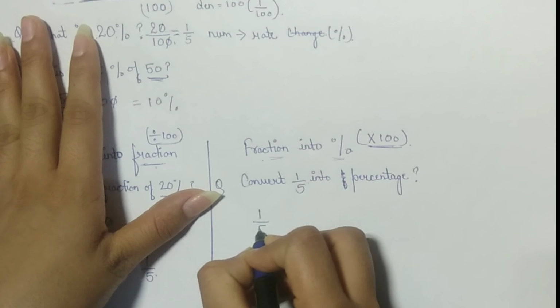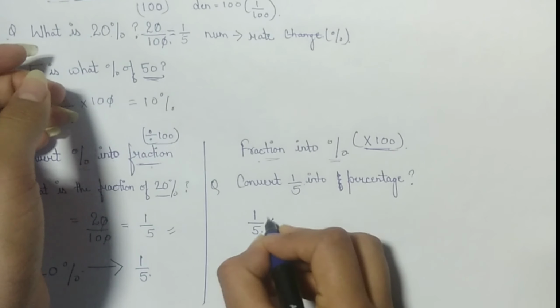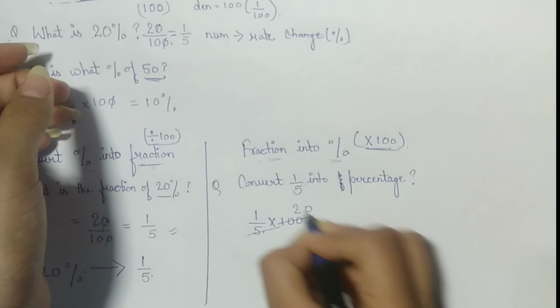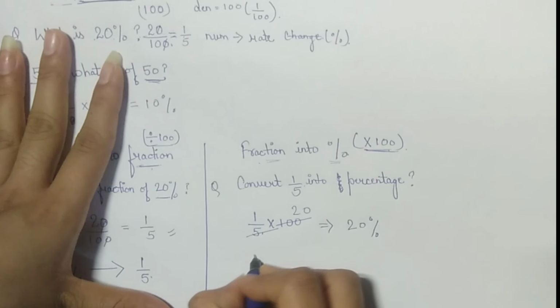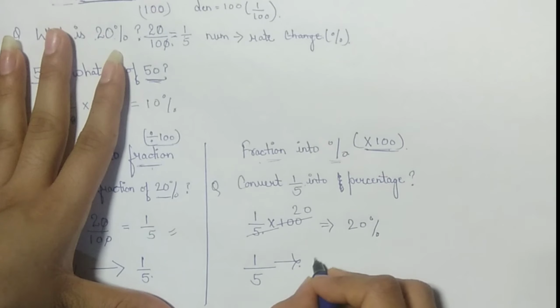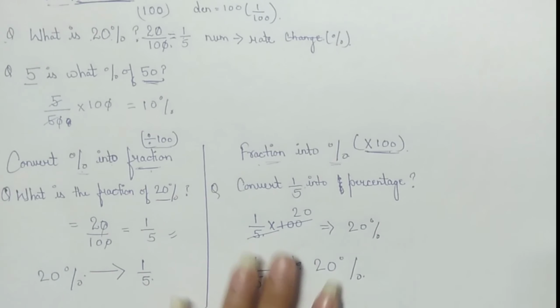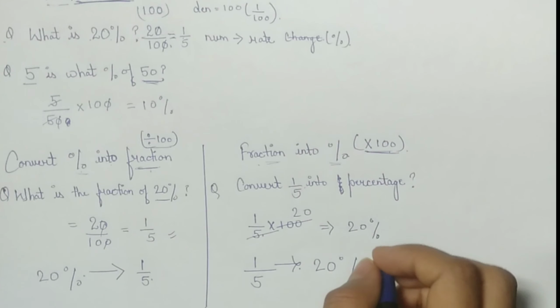Write down 1 by 5 and multiply it by 100, and you will get the result in percentage, that is 20%. So the fraction 1 by 5 in percentage is nothing but 20%. We took the same number and showed the result vice versa. I think now it is clear.